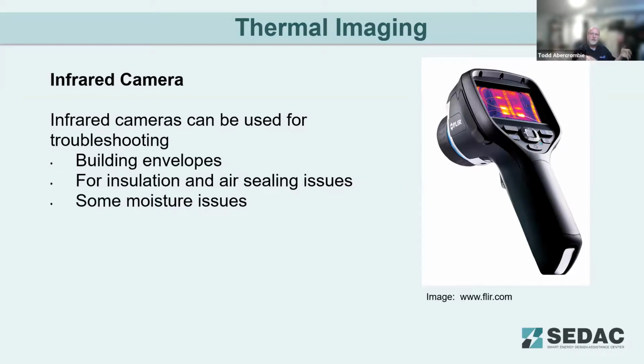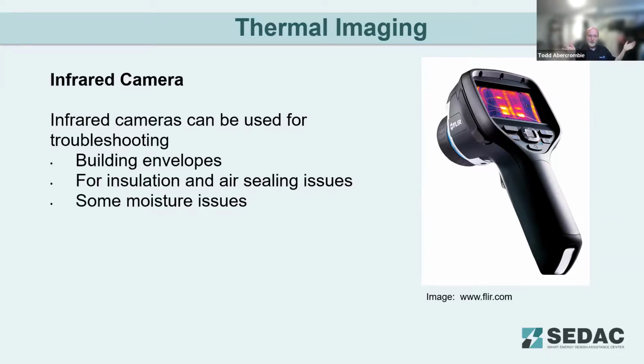If you're looking at a wall, let's say the indoor space is set at 70 degrees and the outdoor space is very nice, it's 70 degrees outside, 70 degrees inside, you're not going to see much with an infrared camera. You really shouldn't see anything. So you won't be able to detect problems if you don't have a temperature differential.